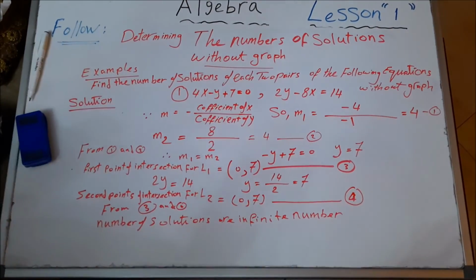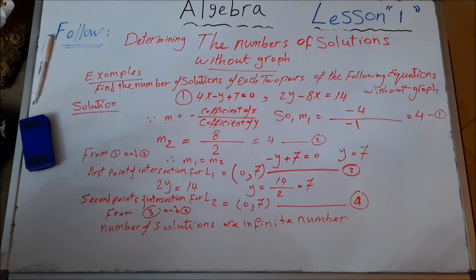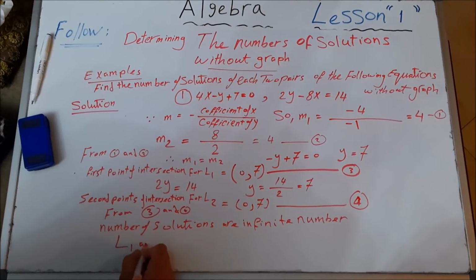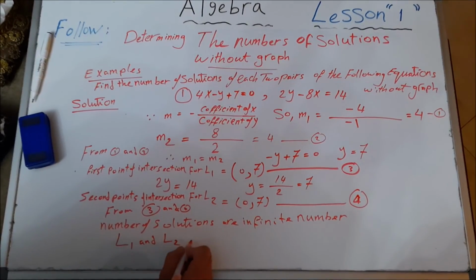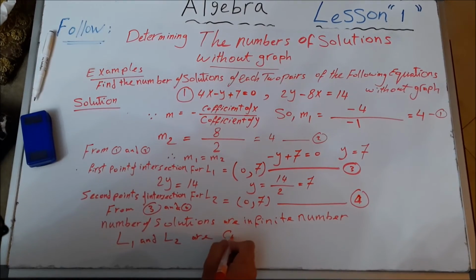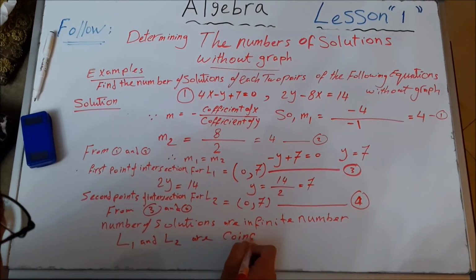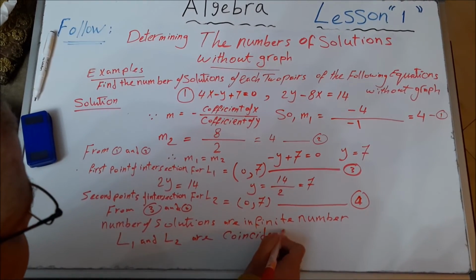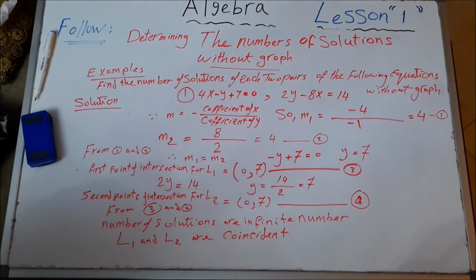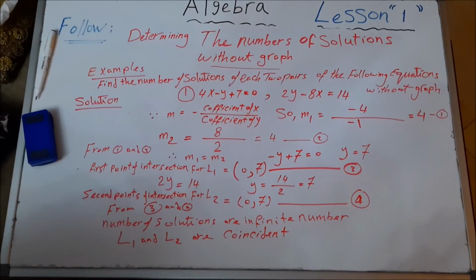So the two straight lines L1 and L2 in this case are coincident, because they have infinite number of solutions.